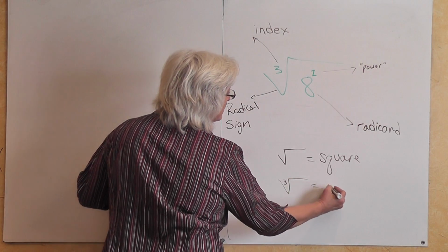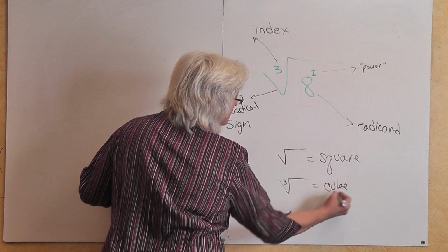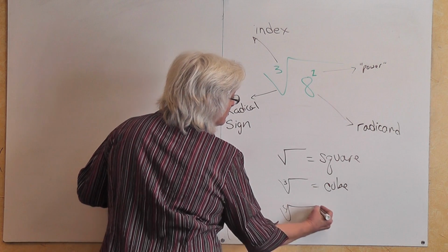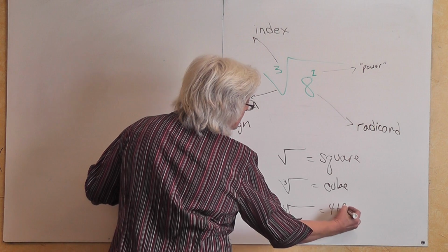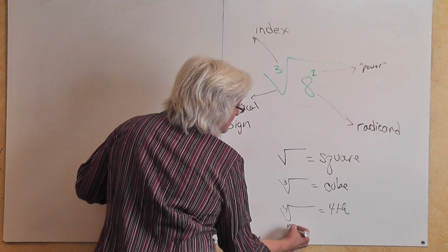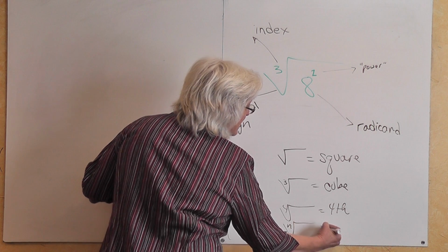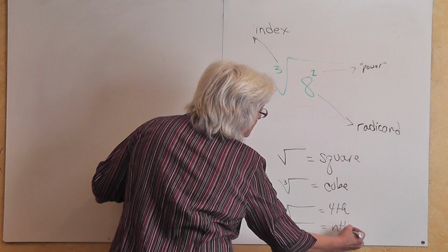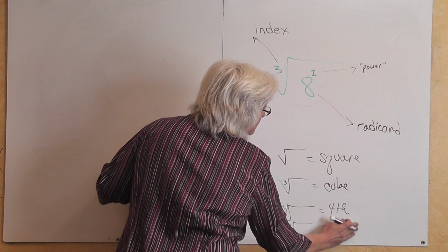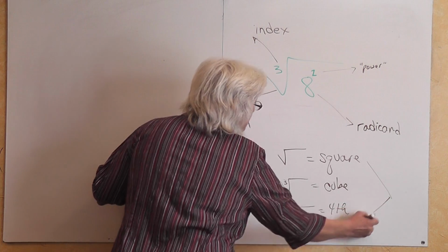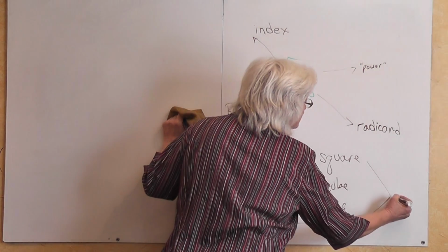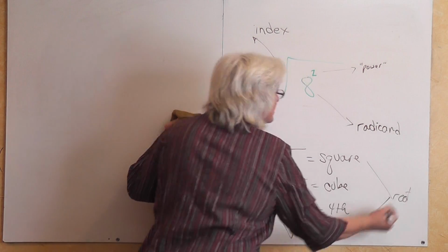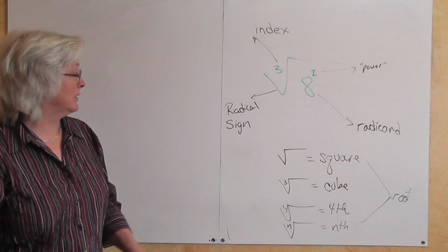We have the cube root. We have the 4th root. I'm going to put an n in there. We have the nth root. We just have some strange sounding vocabulary.